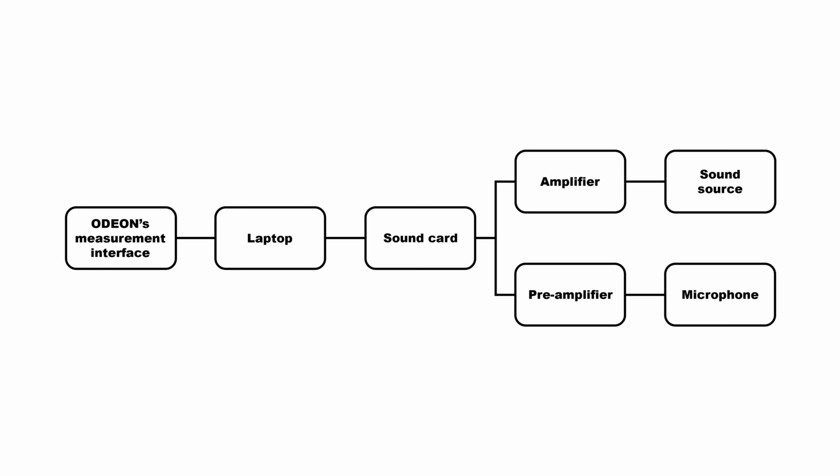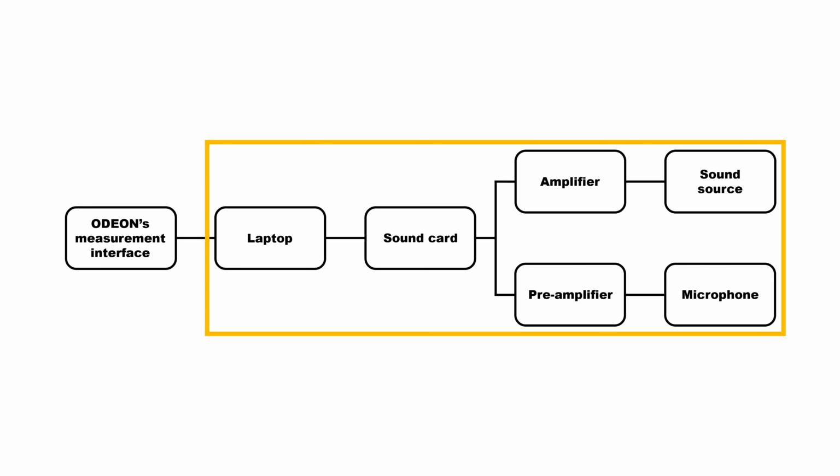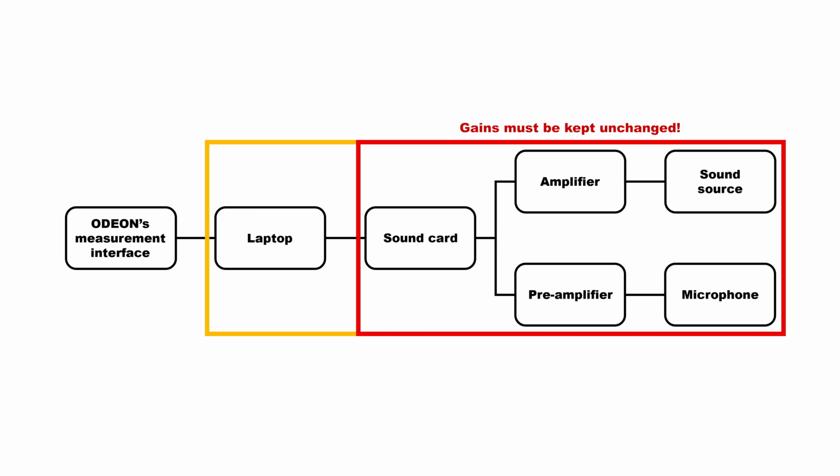However, typically, when you take the equipment from the calibration room to the measurement site, it is extremely important to perform the on-site measurements with exactly the same setup. This includes two things. The first is that you should use exactly the same equipment that was used to calibrate, even down to the same laptop and the same cables. And the second is that the gains on all devices in the signal chain must be kept unchanged.